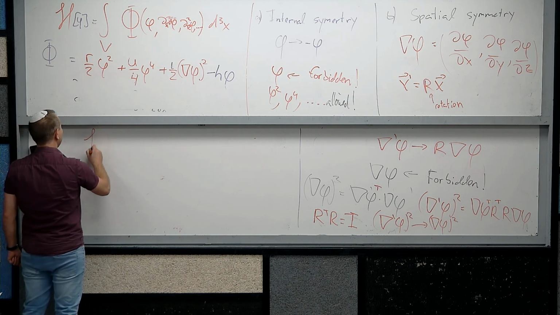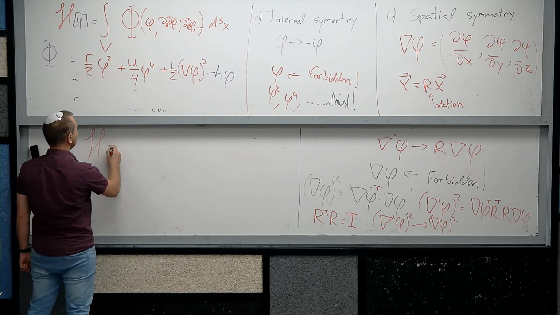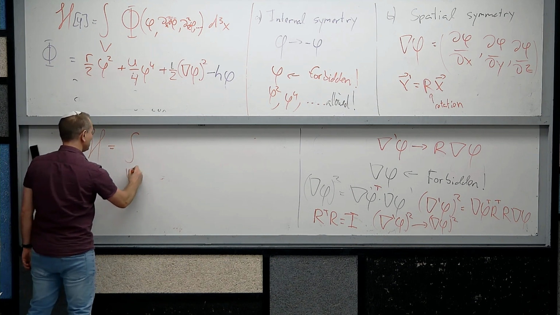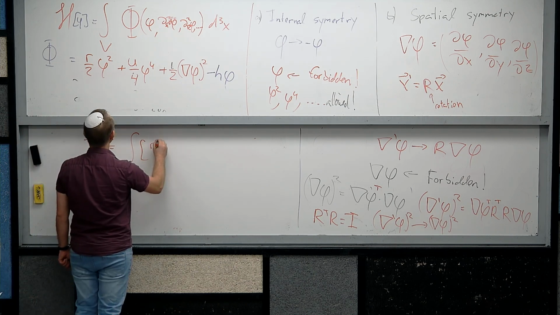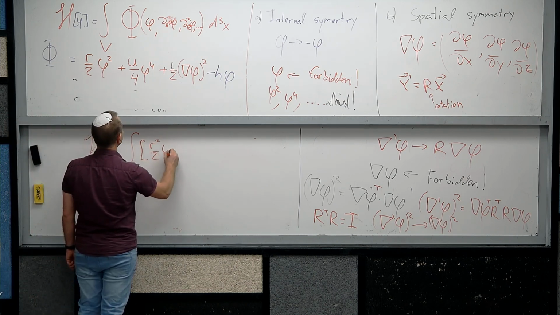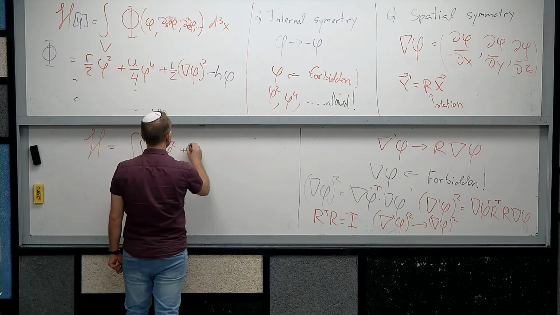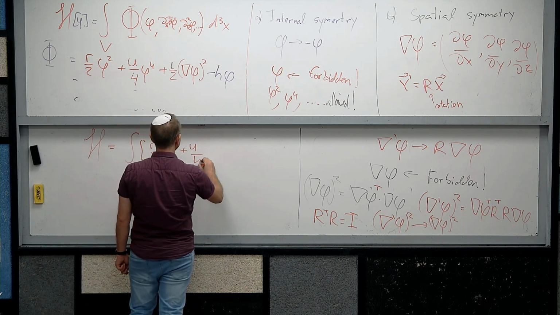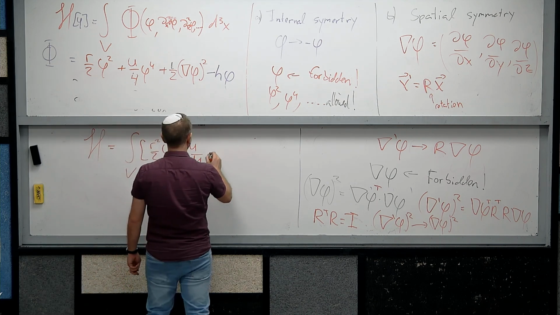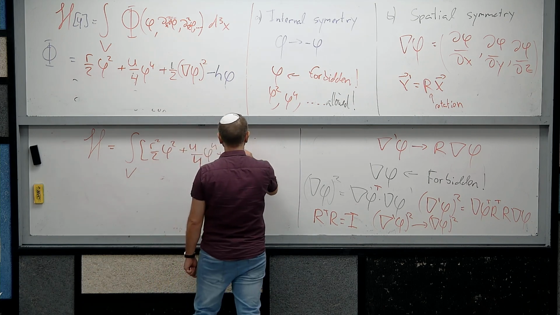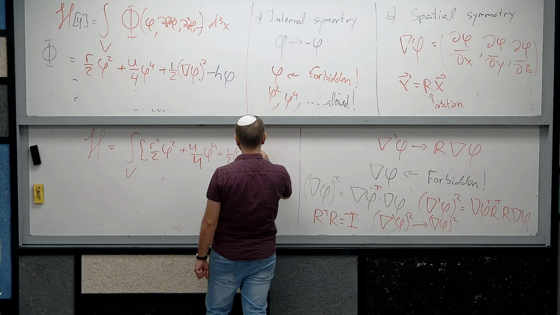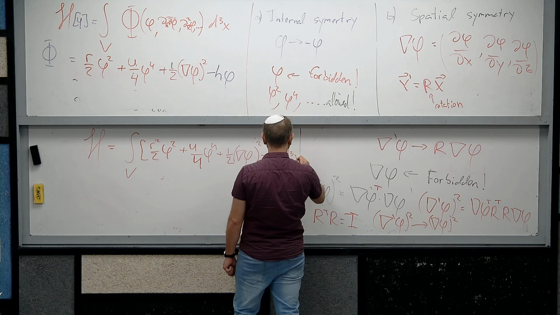So the Ginzburg-Landau Hamiltonian is the integration over all of V of r/2 phi squared plus u/4 phi to the 4th plus 1/2 gradient of phi to the 2nd power minus h phi, with d^3x.